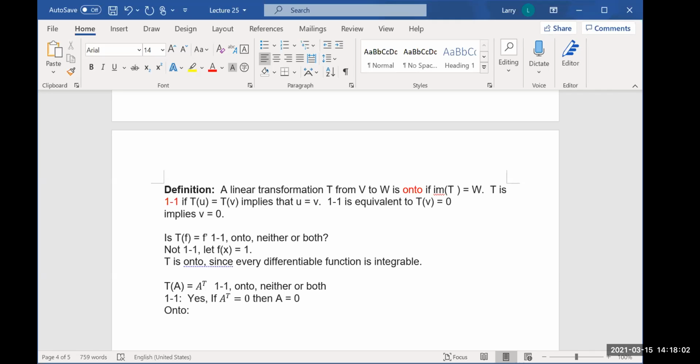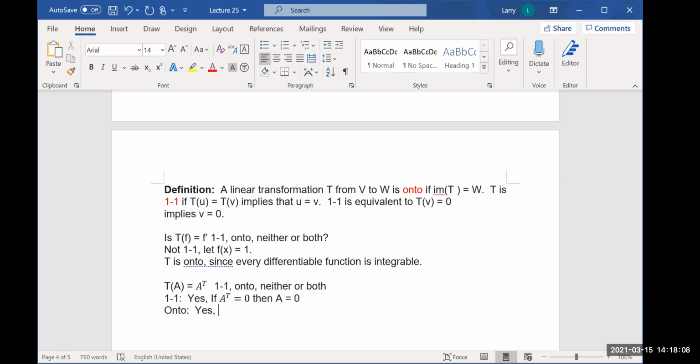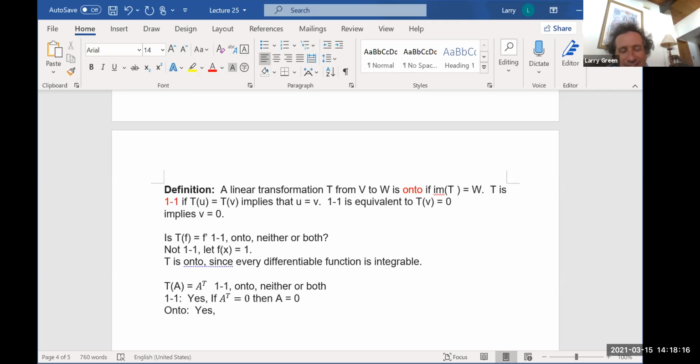I think it's onto. Okay, so yes. How come? I guess we can always take the transpose of a transpose and get the original. Exactly. Right, we have that as a theorem. So A transpose transpose equals A.